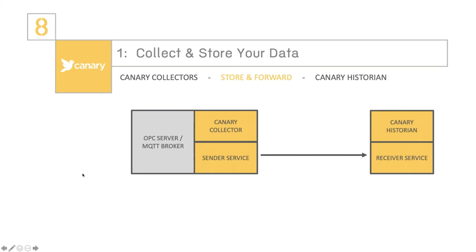Now, if we get a network break, we need to be able to cache the data locally. So that's exactly what will happen. The data will be stored locally onto that specific box where you've got the collector installed. And the administrator of the Canary system will be notified via an email that we've just gone into a store and forward mode, so that you can work on the problem and try to rectify it.